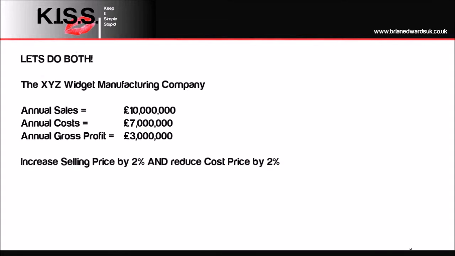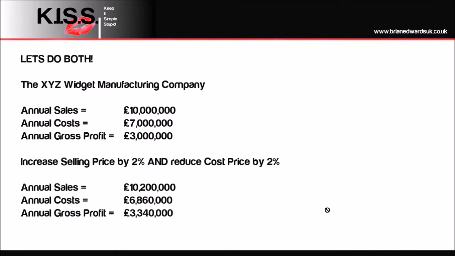If we take a more realistic approach to prices and costs, and let's just target 2%, so let's increase the selling price by 2% and of course reduce the cost price by 2% at the same time. We're then going to get a situation where the annual sales have now increased by £200,000 to 10.2 million.